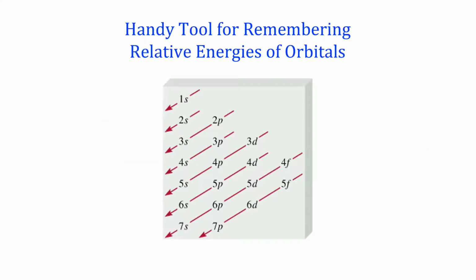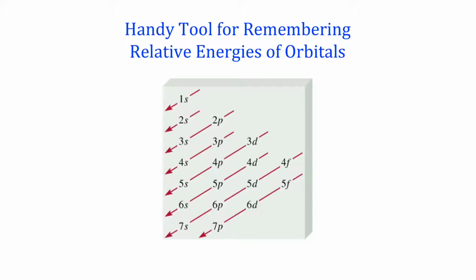How this little tool is put together is you just write your orbitals of a given energy level, all the n levels on the same line. So n = 1, n = 2 options, n = 3 options, n = 4 options, so on and so forth.